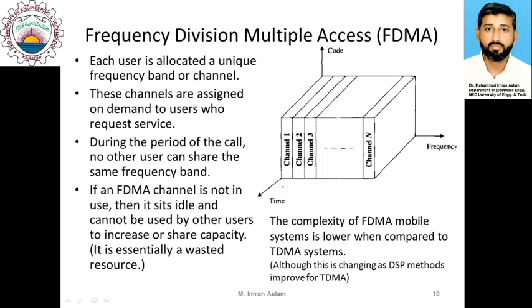So eventually it results in a waste of resources. The good thing about FDMA systems is that they have relatively low complexity compared to TDMA systems, although this scenario is gradually changing because of the improved DSP methods which are available for TDMA systems.